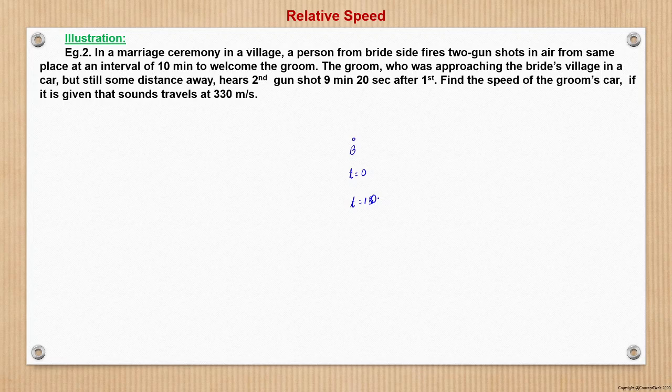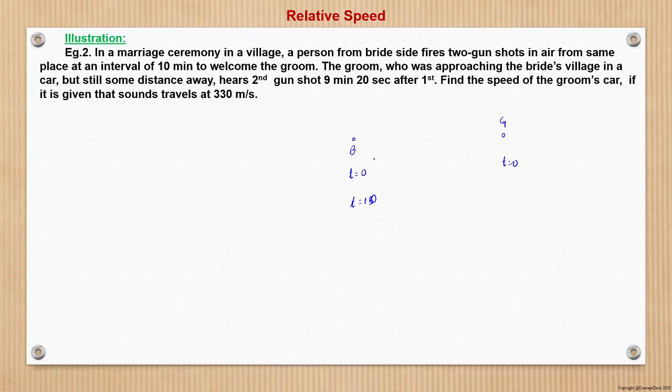So what is it now? Here at some distance, let us suppose the groom's car is there originally at t = 0. Now when at t = 0 the bride's family fires the first gunshot, at what time would the shot be heard by the groom in the car?